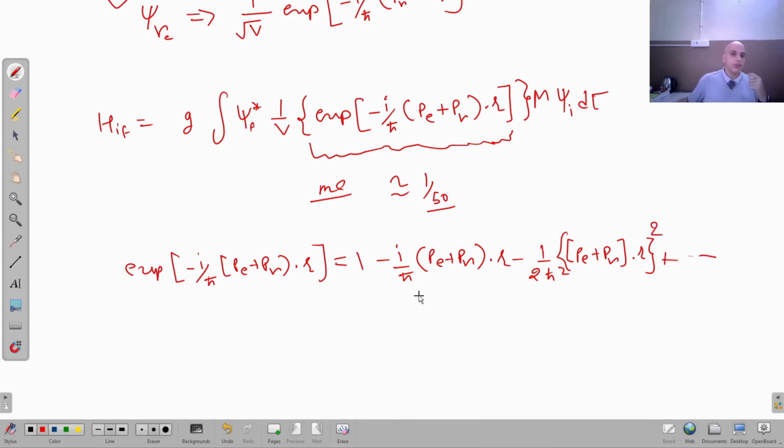So I will get this. As I told you that this factor is nearly equal to 1 upon 50, so when I take the expansion, I can ignore all these values. I will only retain 1 here.